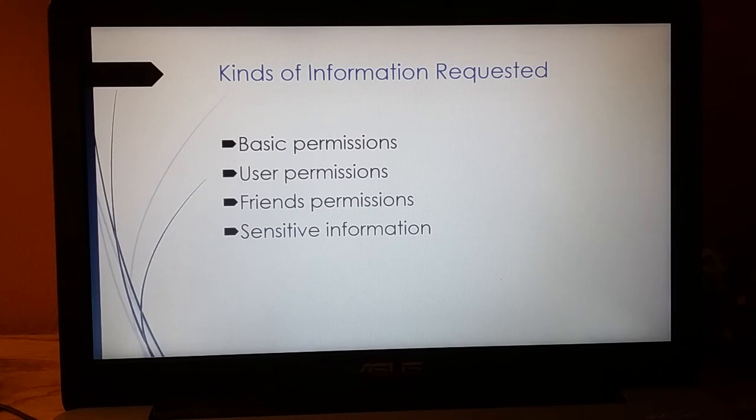And then sensitive information requests include questions about users' highly personal aspects such as political or religious affiliation or even sexual orientation. So when you go on social media, what is it that people are looking for? What kind of information does the person who runs the social media site look for?